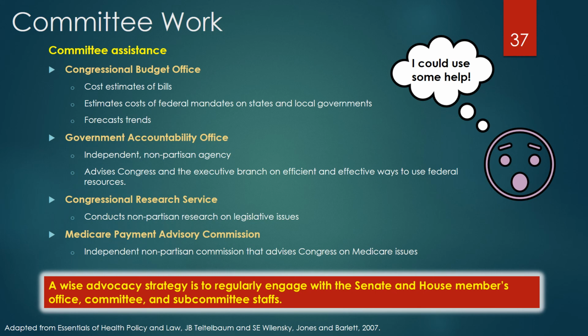With that reality in mind, it is a wise advocacy strategy to plan for regularly engaging with the Senate and House members' office, committee, and subcommittee staffs. These staff members have significant influence on the public health and healthcare policy decisions of committees and subcommittees.